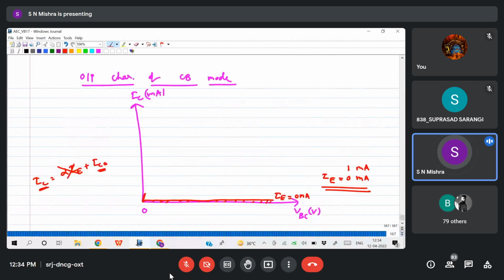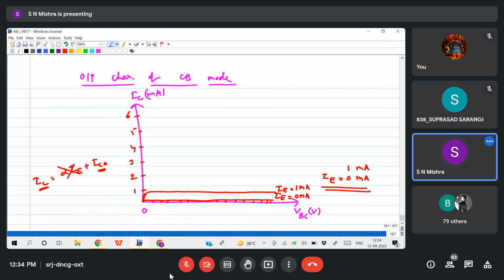So when I increase, it will increase, but the maximum, if I observe here, this is 1, this is 2, this is 3, this is 4, this is 5, this is 6. If I label it, then it will be a little bit less than 1 milliampere. So IE equals 1 milliampere.